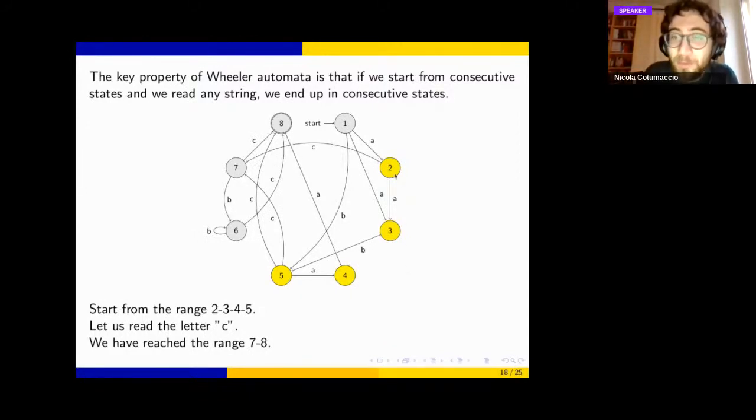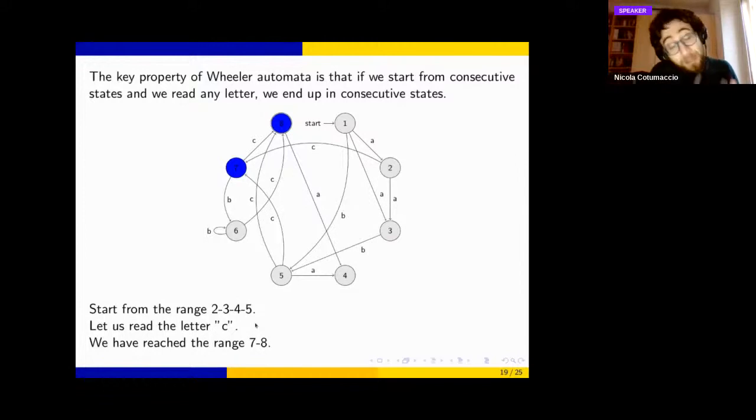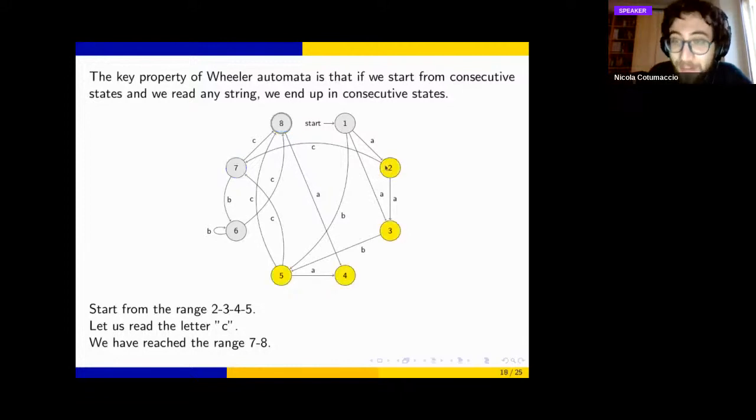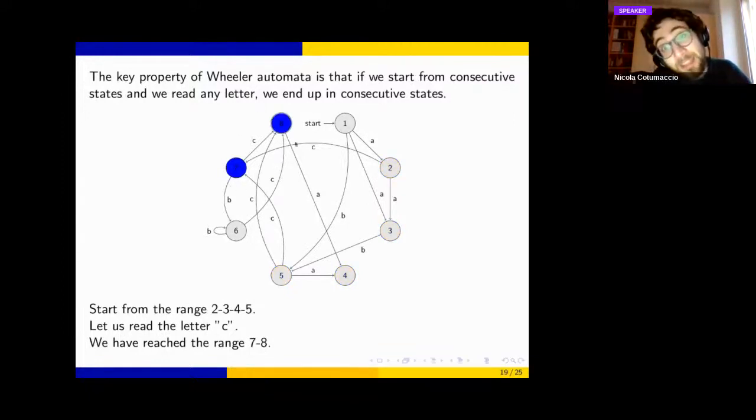If I start, for example, from some consecutive states, 2, 3, 4, 5, and I read a letter, say C, I just mean: pick every single state I start from, 2, 3, 4, 5, and consider all edges that I can follow by reading C. So from 2, I can go to 7. From 3, I can go nowhere by reading C. From 4, I can go nowhere. And from 5, I can go to 7. So to sum up, I end up in this set of states. And once again, I get an interval.